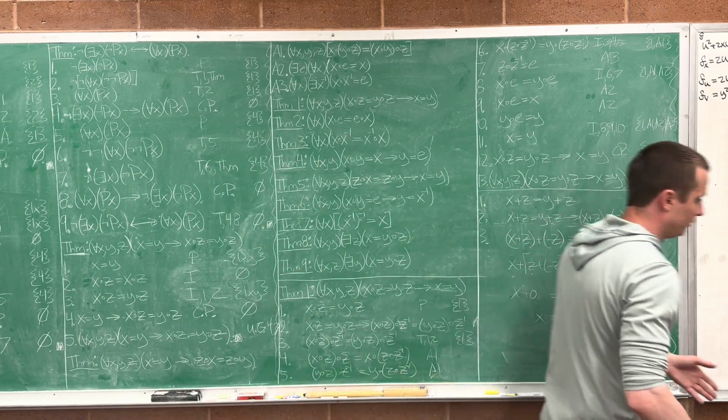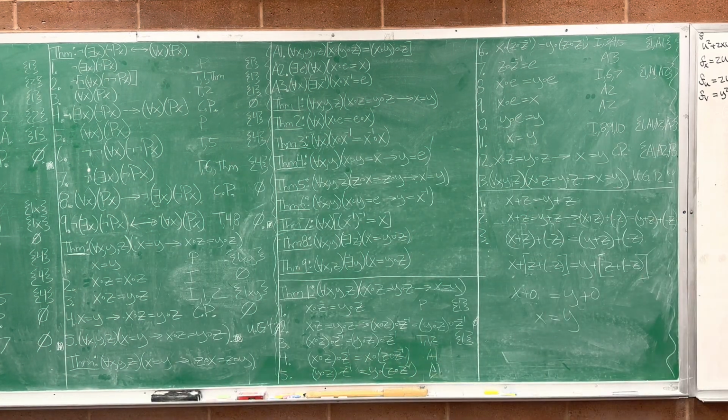Helps the first few times to have both a concrete example of the system you're talking about as well as seeing it in the abstract. So we'll move over here to continue proving.